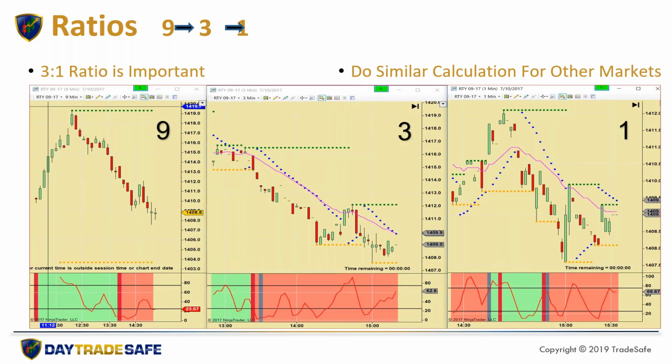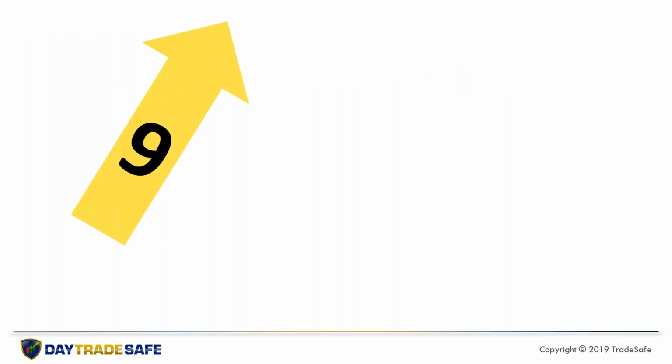Same approach. But let's say that a 9-minute chart is in a strong uptrend. The 3-minute chart is meandering slowly downward. The 1-minute chart just started an explosive rally. You don't have trend agreement across the board. What you want optimally is all 3 charts to be trending together, either up or down.